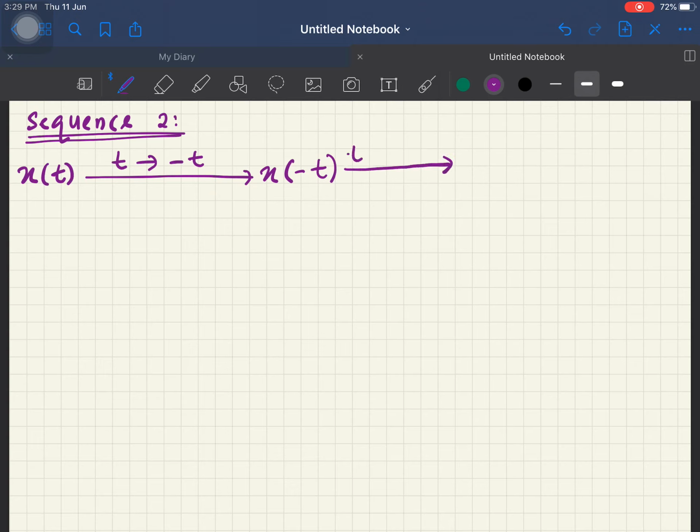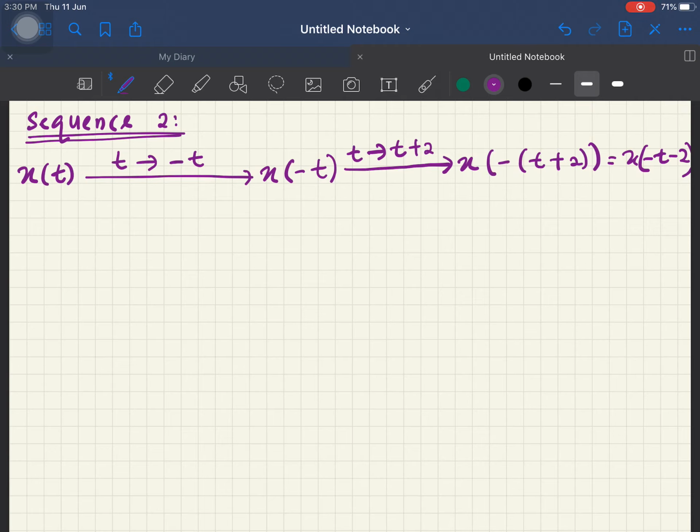After that you perform time shifting, but this time you cannot shift to the right, you have to shift to the left. So t plus 2, so you will get x of minus t plus 2, you get x of minus t minus 2.